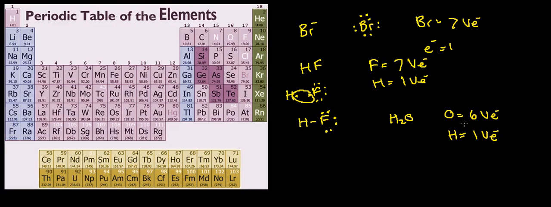I don't really do that, but sometimes people will say, well, there are 2 hydrogens, so there will be 2 valence electrons for a total of 8 valence electrons.